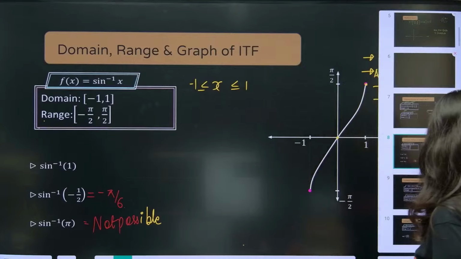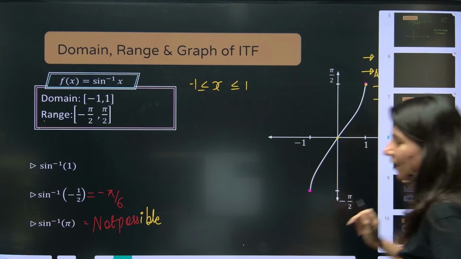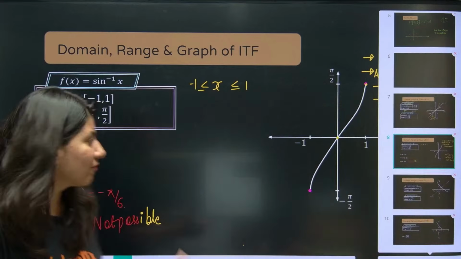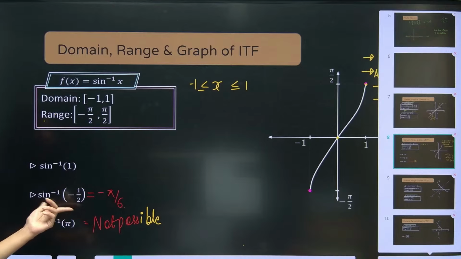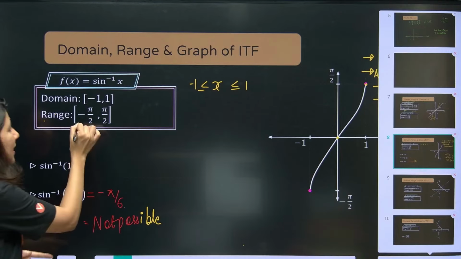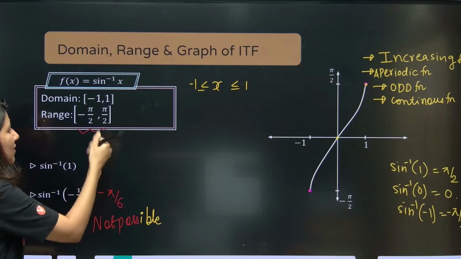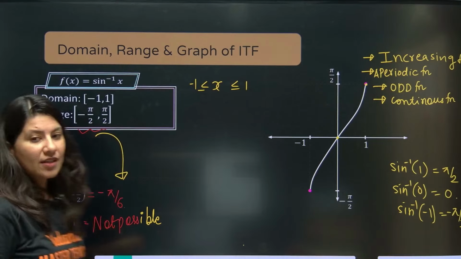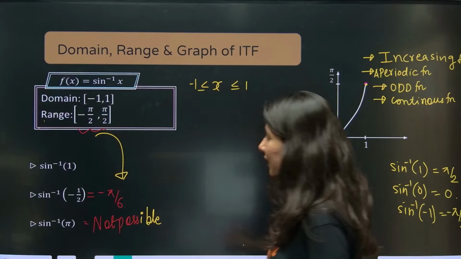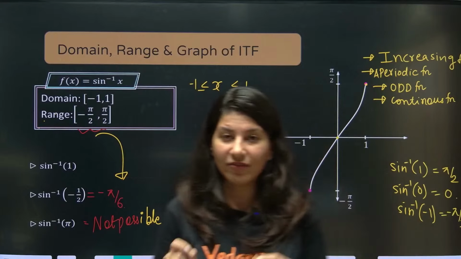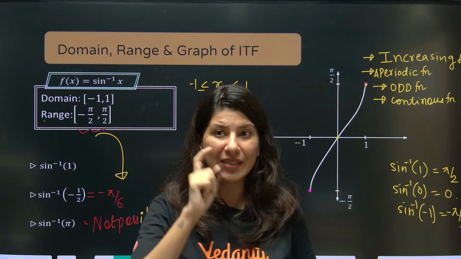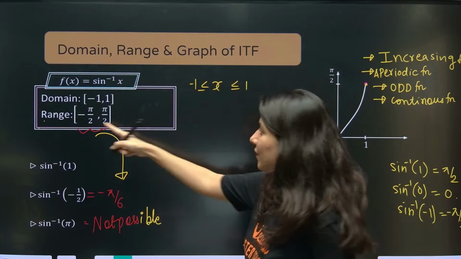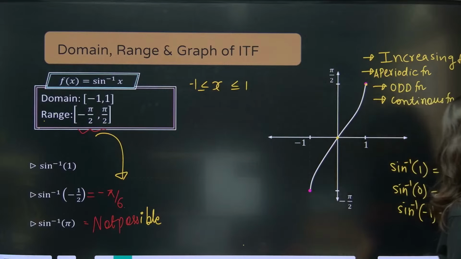Okay, now one, I think Ibu is asking, ma'am, can I write 5 pi by 6? No, you can't write 5 pi by 6. You have to give your answer in this particular range. We have a restricted range, so the answer will be absolutely unique. Sin inverse minus half will be one single value, which should lie between minus pi by 2 to pi by 2.